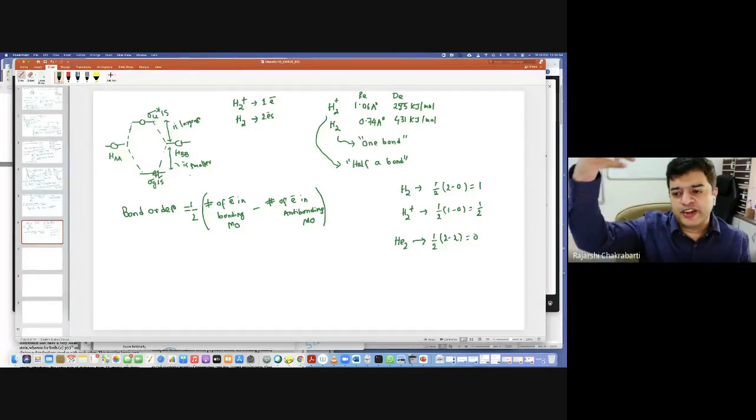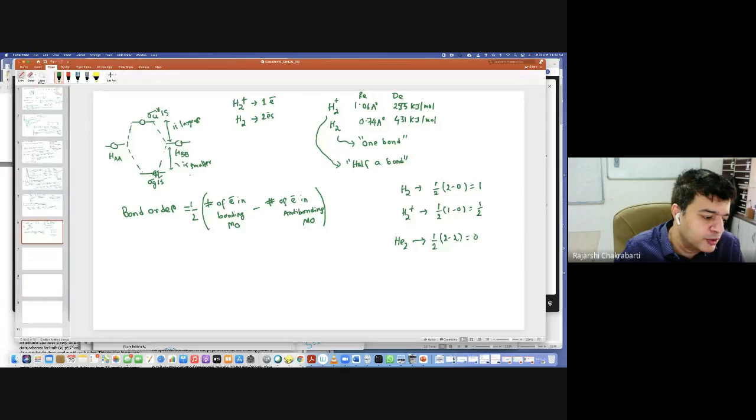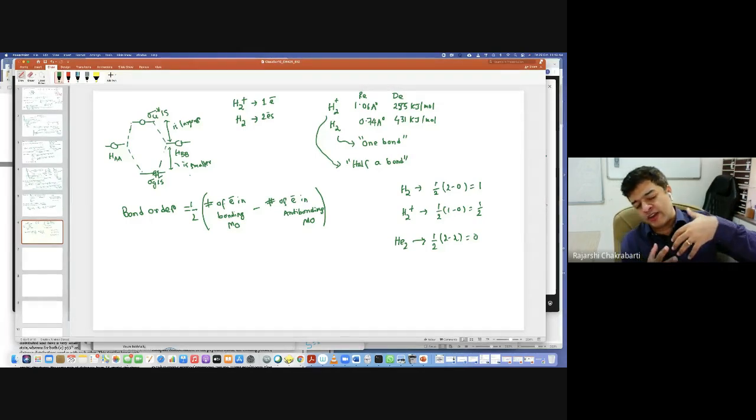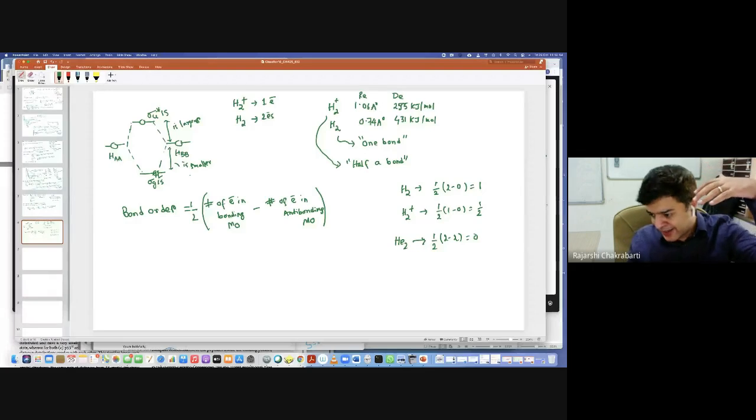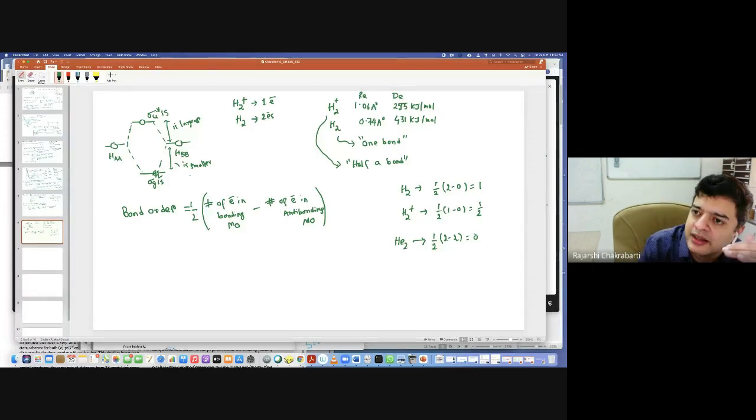So if you put 2 electrons in anti-bonding, definitely this molecule is not going to be formed because this will be very, very unstable. Putting electrons in anti-bonding makes the molecule unstable. It causes instability. Is this clear? And if you go and see the expression, the gap between HA and the antibonding orbital is larger than the energy difference between bonding and the atomic orbital energy. You can go and check.